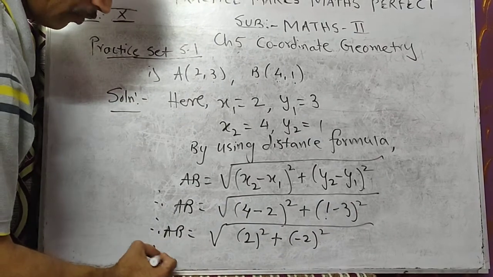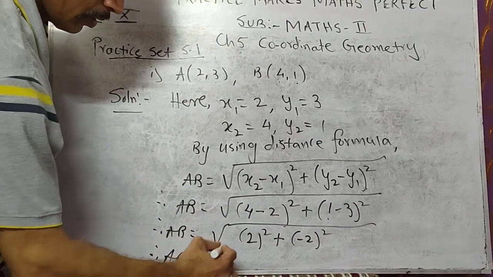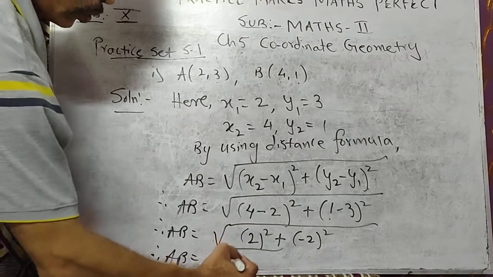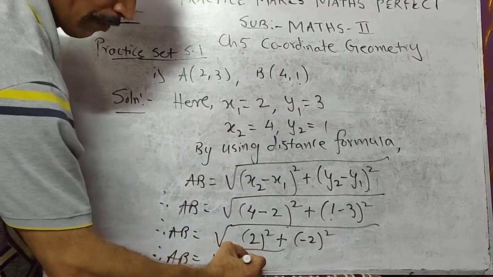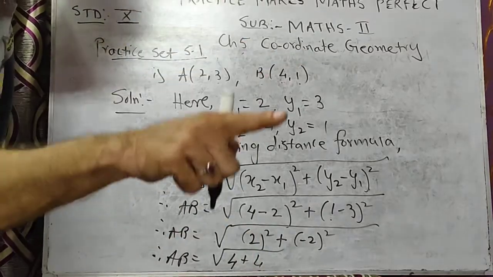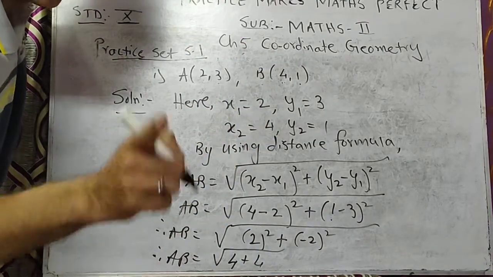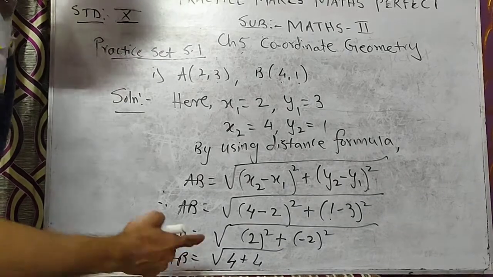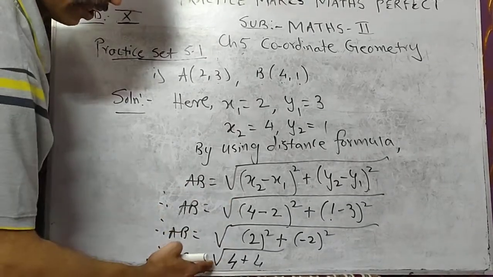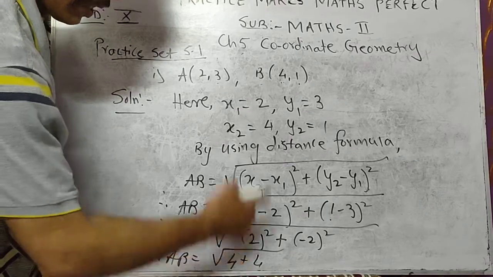Okay, and therefore AB is equal to square root of 2 square is 4 and minus 2 square is also 4. Minus minus becomes plus. All of you know very well, minus minus becomes plus. So AB is equal to square root of 4 plus 4.